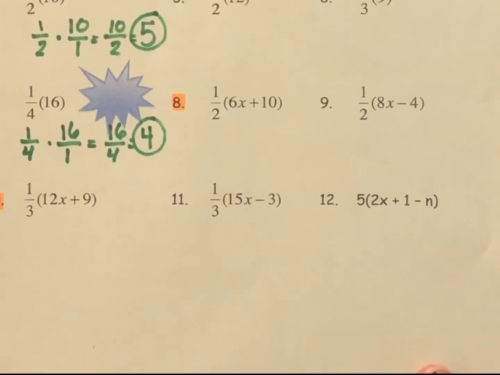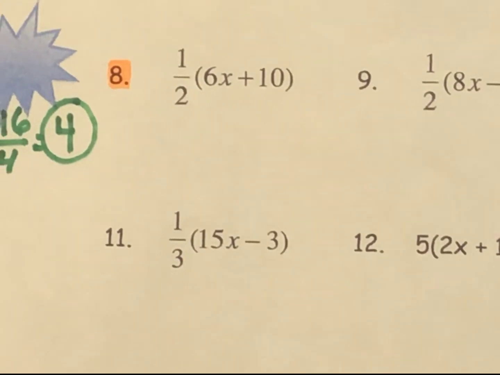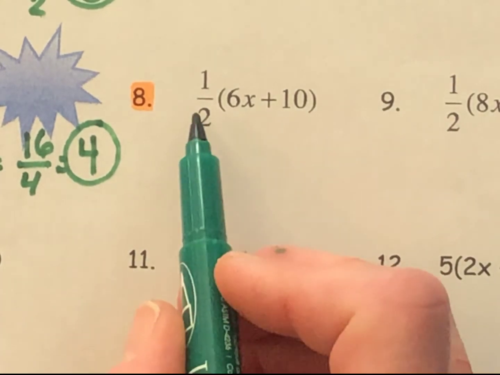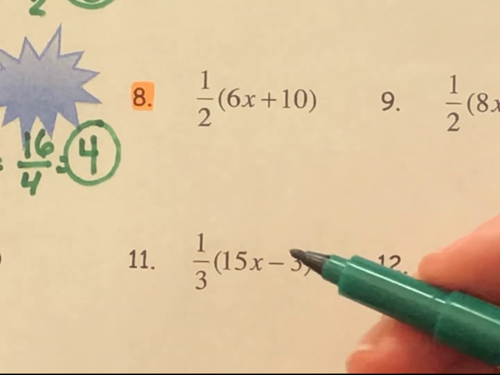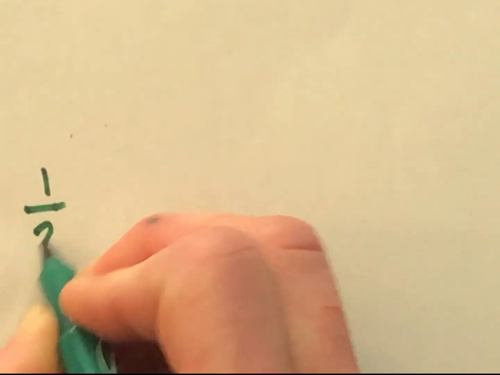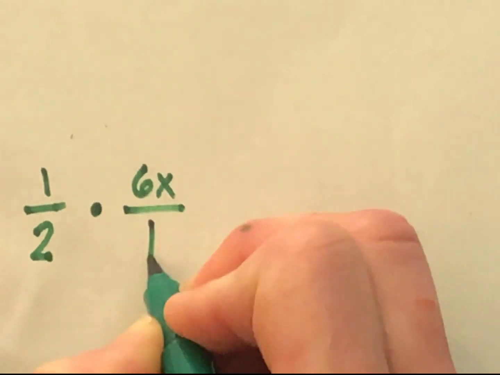Now, what happens if you have that with the distributive property? Well, it works the same way. What's 1/2 of 6x? Well, you can come down here and multiply it out. 1/2 times 6x.